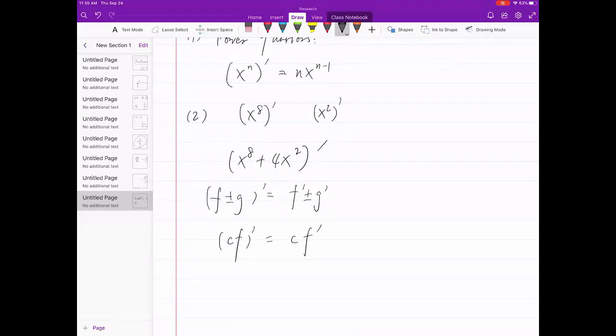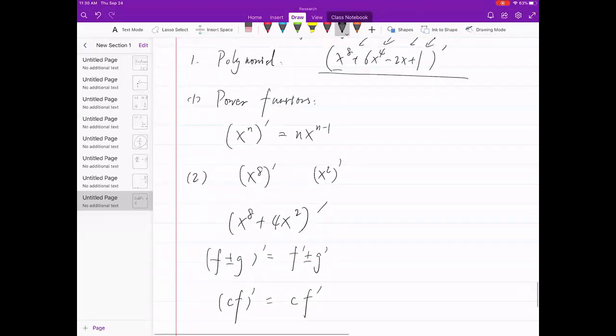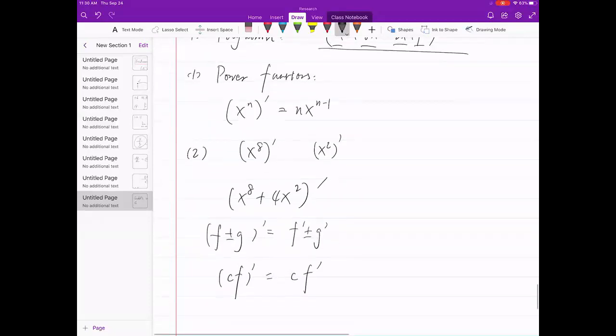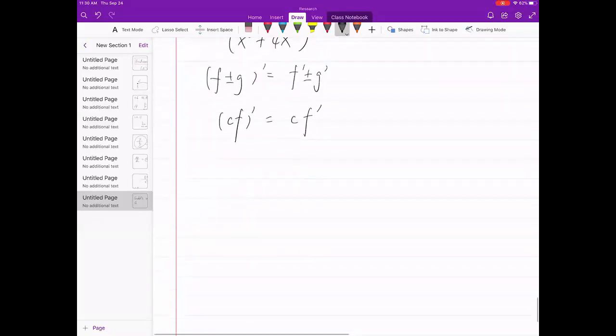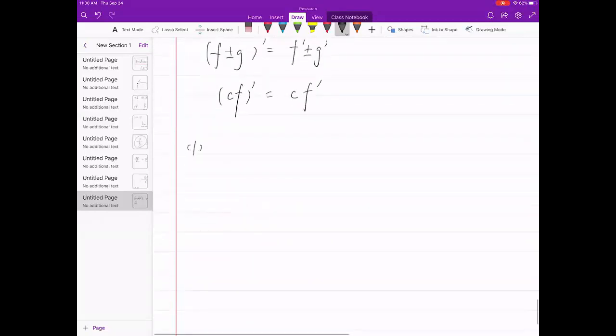Sounds good? Okay, so that's the logic. We first handle each individual power. Then we find a way of putting them together by taking the sum, taking the subtraction, or multiplying by a constant, which we will learn. They're all simple rules. That's the logic. All right, let's start with the first one, power.